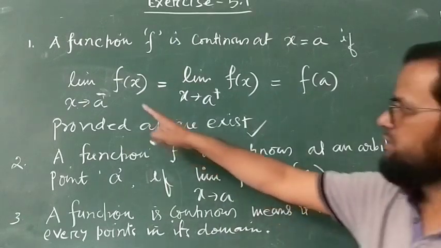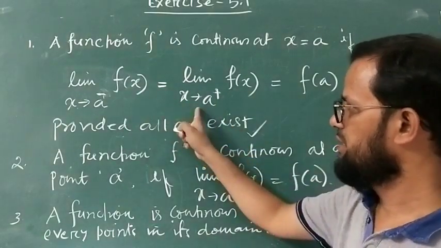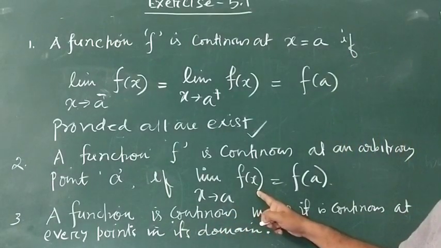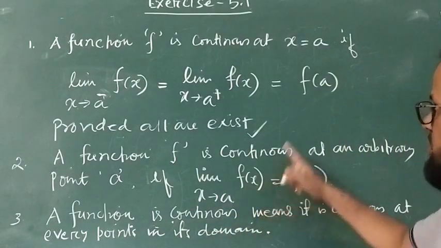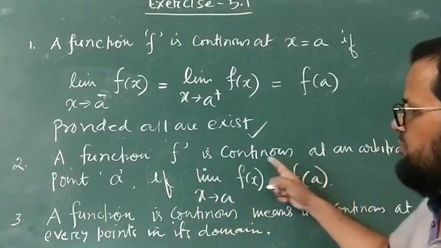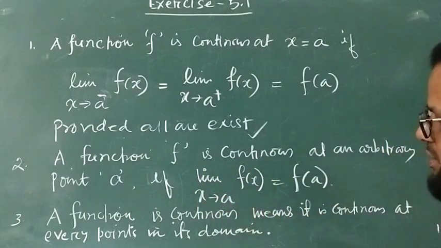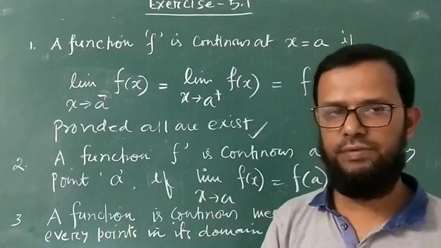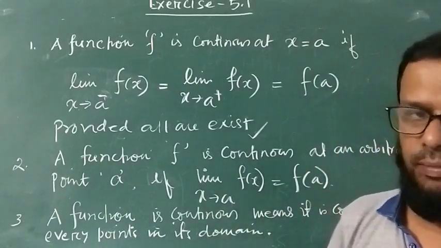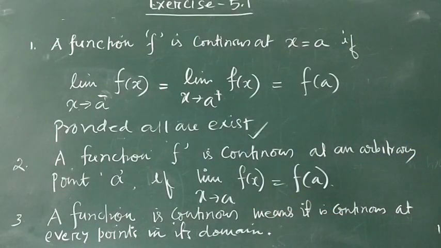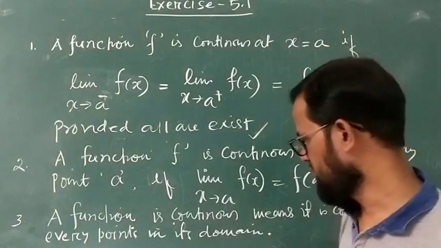Now, if the left hand limit equals the right hand limit and both exist, then together they become the limit as x tends to a of f(x), as per the definition of limit, and it is equal to f(a). This is also called the definition of a function to be continuous at a point, and here we consider this point as an arbitrary point. It may be any point of the particular domain, and in such cases we will use this particular result.